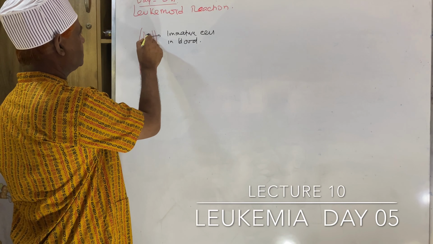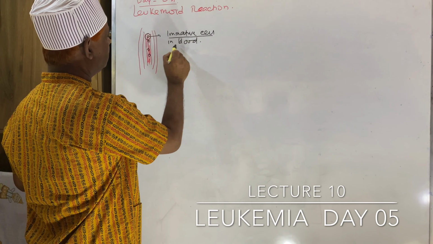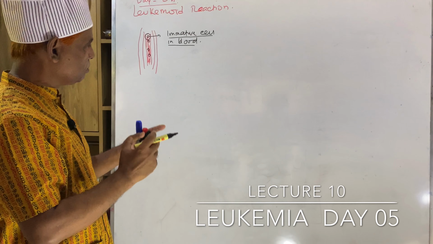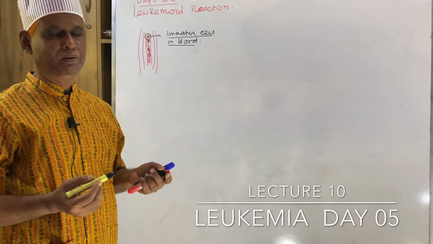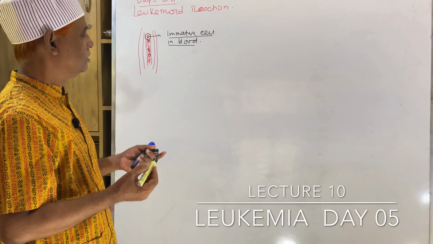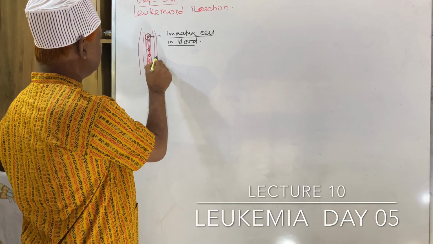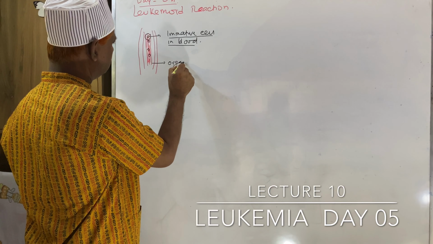These immature cells are called leukemic cells. These leukemic cells may infiltrate lymph node, spleen, liver, etc., and so the patient may come to you with organomegaly.